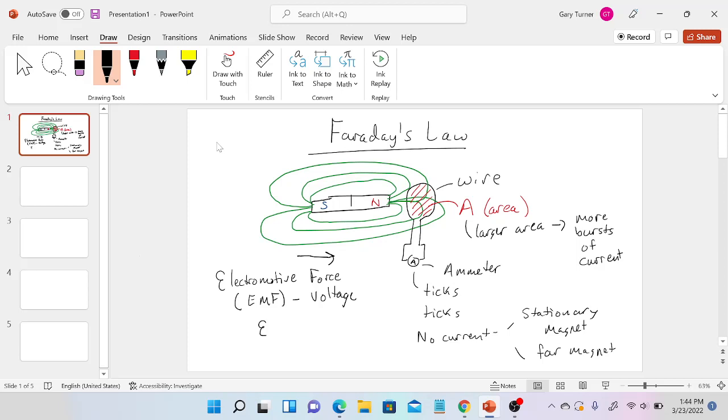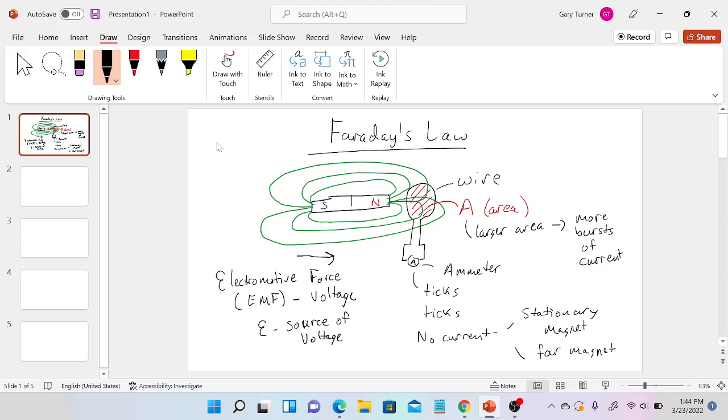But just know that electromotive force is effectively a source of voltage.